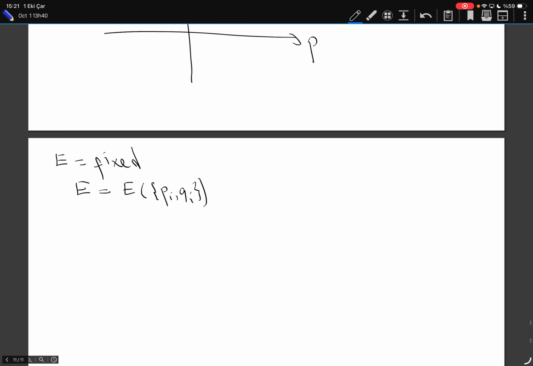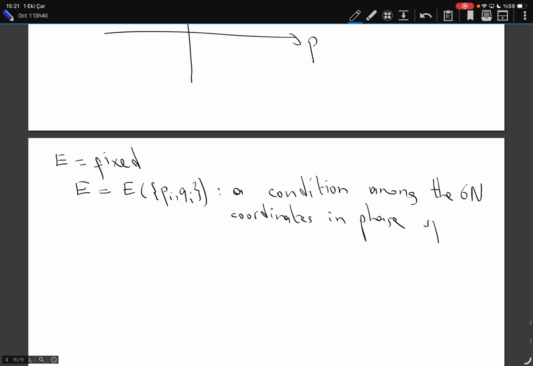So this basically gives me a condition among the 6n coordinates in phase space, or specifies a hypersurface.